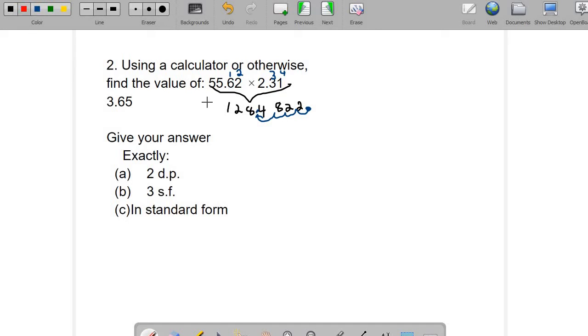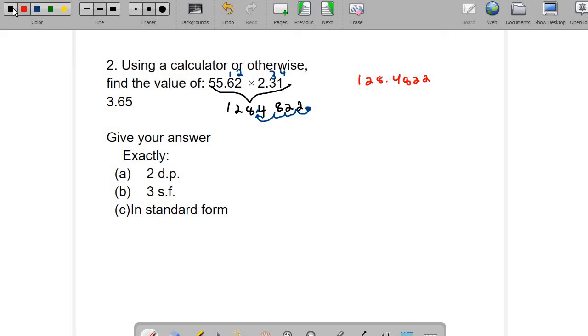So for this part of it, it's going to be 208.4822. And since you're allowed to use your calculator for this part, you can use your calculator to double check this answer.